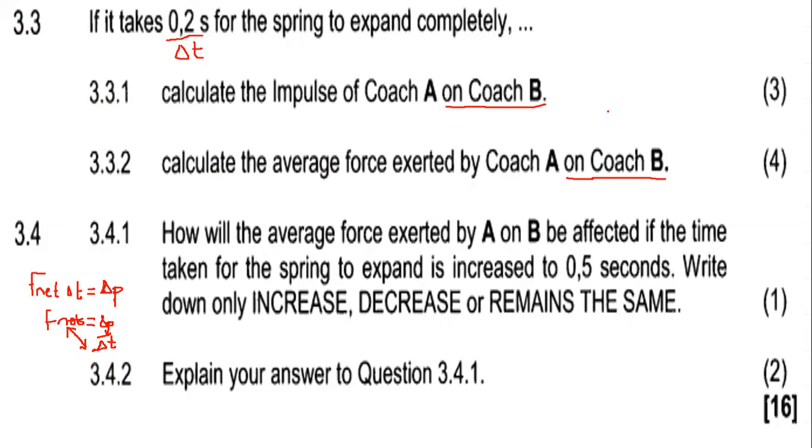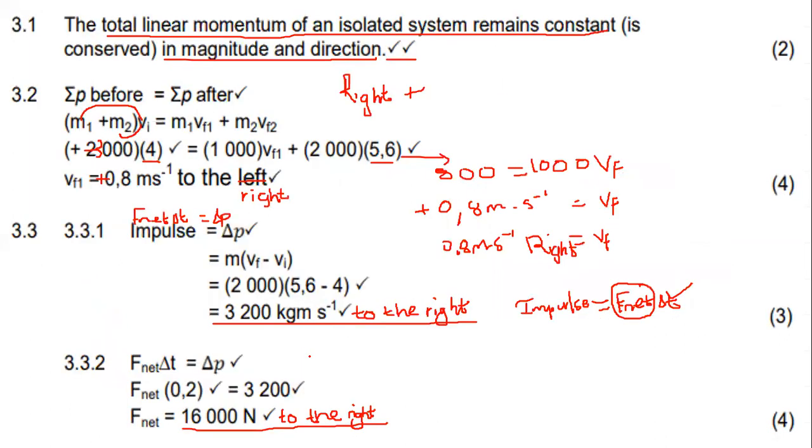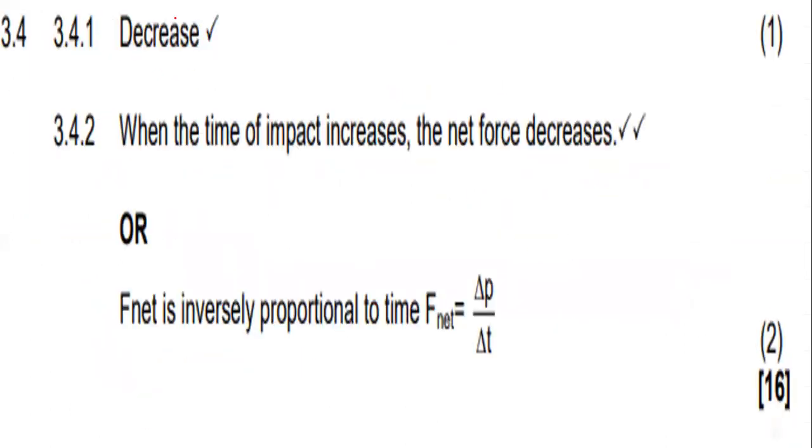So what have we done here? We have increased the contact time to 0.5 seconds. Remember, it was 0.2. In other words, if we increase the contact time, then the net force is going to decrease. So our answer there is purely to say the net force is going to decrease. And we were required to give a reason for that. And we say F net is inversely proportional to the contact time as per that particular formula.